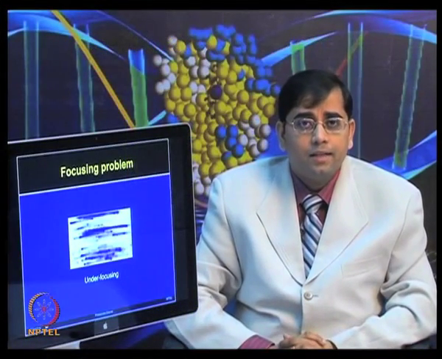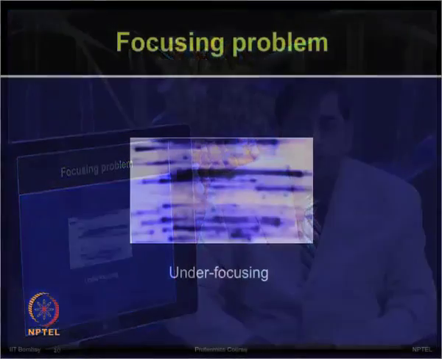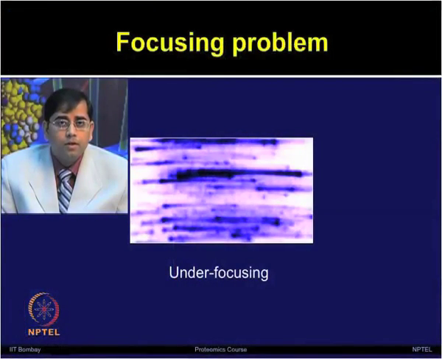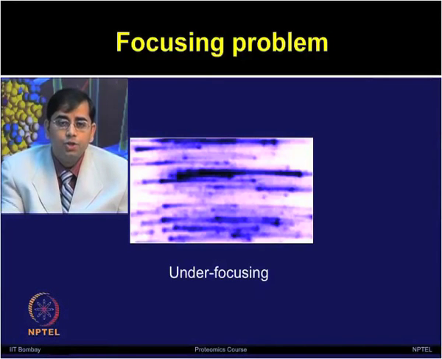Now, the IEF process is very crucial. Many times during the IEF run itself, one can monitor the problems if you have software which shows how the run is progressing. Often if your voltage setting is not correct and is insufficient for complete focusing, it may result in under focusing, as shown in this image.